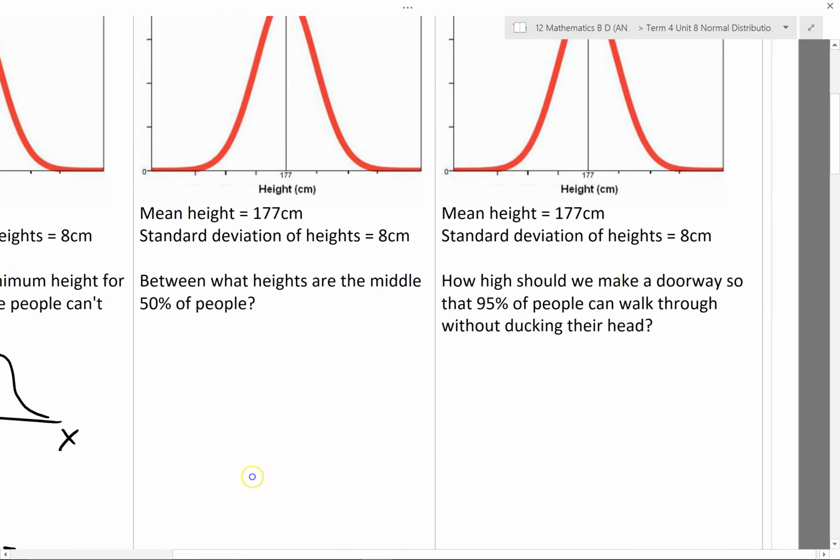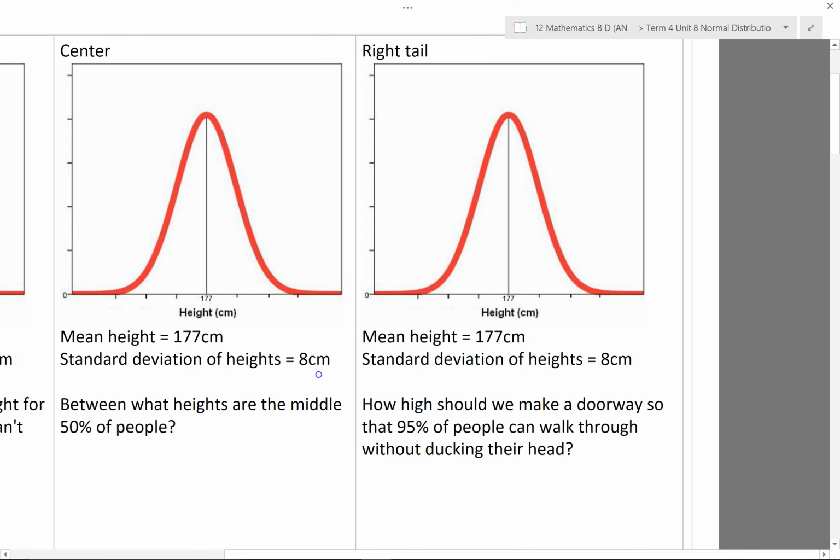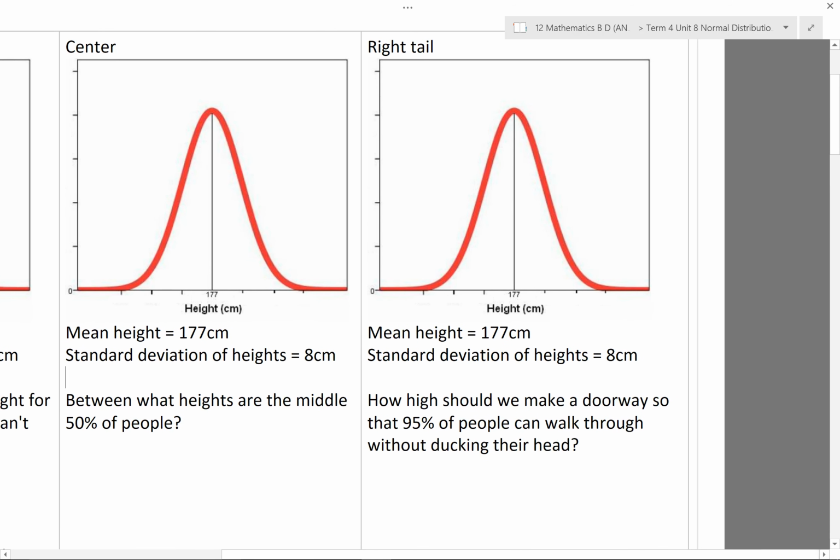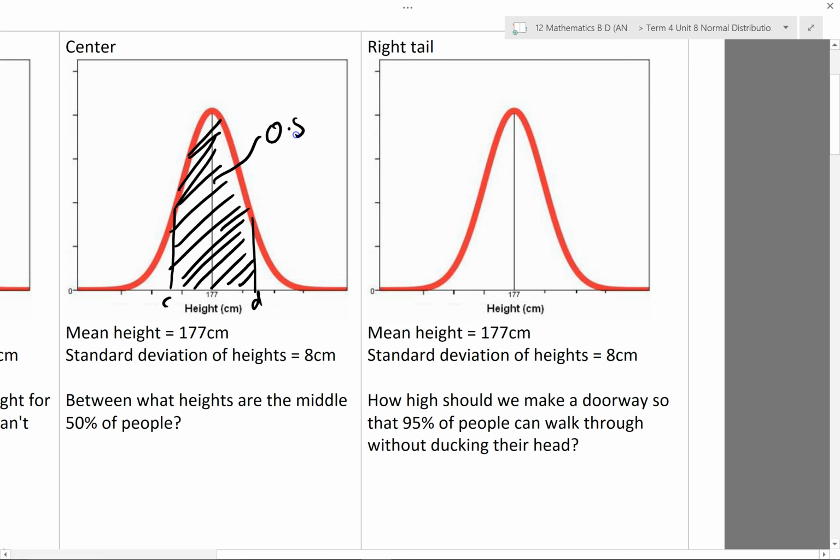We have another type of problem which is a center problem. Again, mean of 177, standard deviation of 8. Between what heights are the middle 50% of people? So between what heights, give them letters, say between C and D. What is C and D such that this area is 0.5?